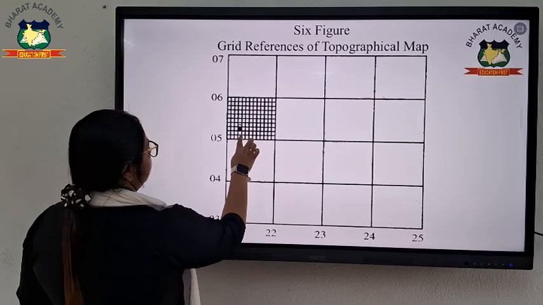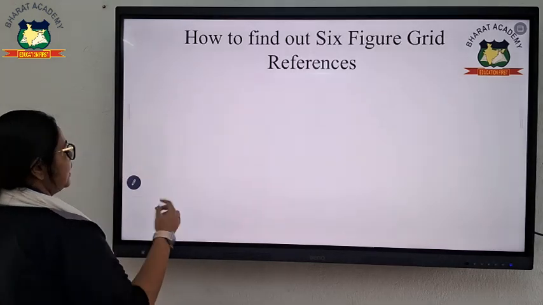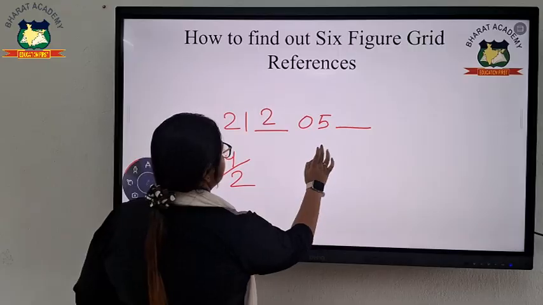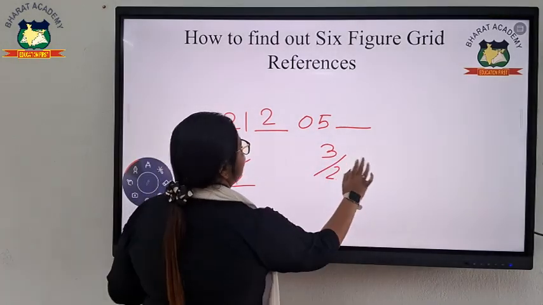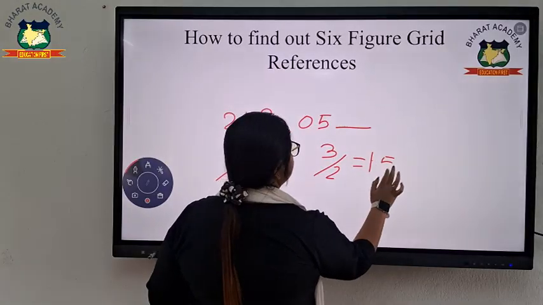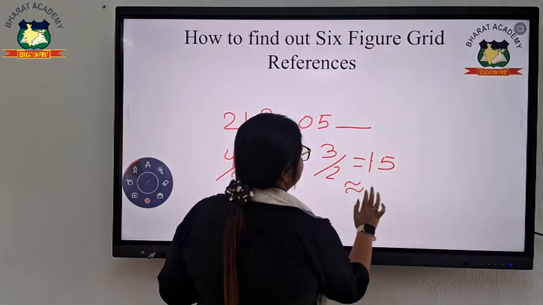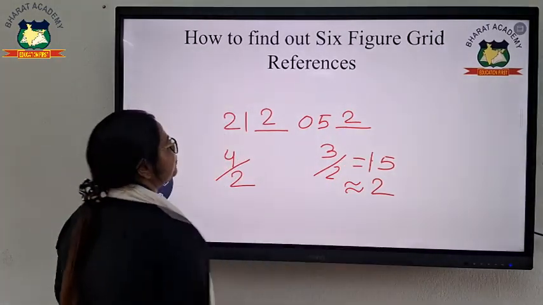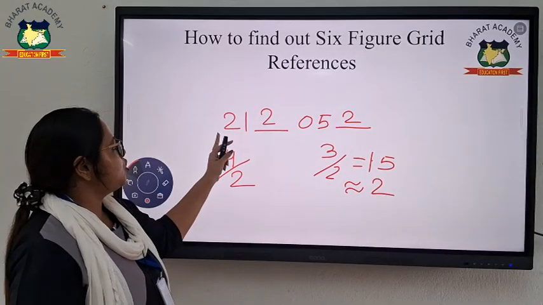Again I am counting from the bottom: 1, 2, 3. So 3 lines we have seen. 3 divided by 2 gives 1.5. We cannot write 1.5, we need to write a round figure, so it will be 2. So I am getting all the 6 digits.